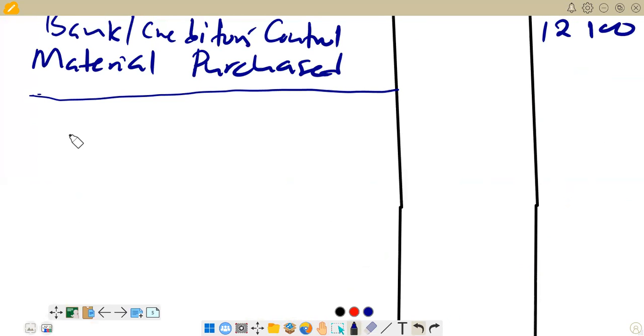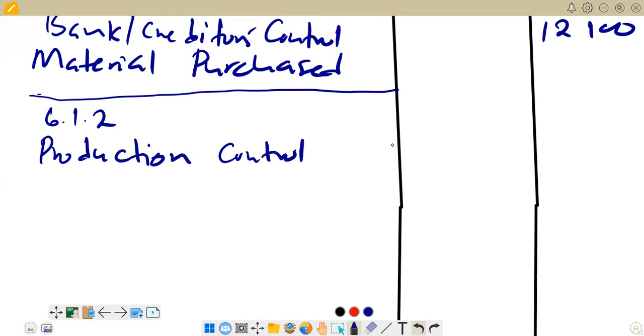So what we are doing here now, we are now on 6.1.2. And on the first double entry, we are debiting production control. Remember, the one that is debited should be written first, production control, with the amount of 7,450.